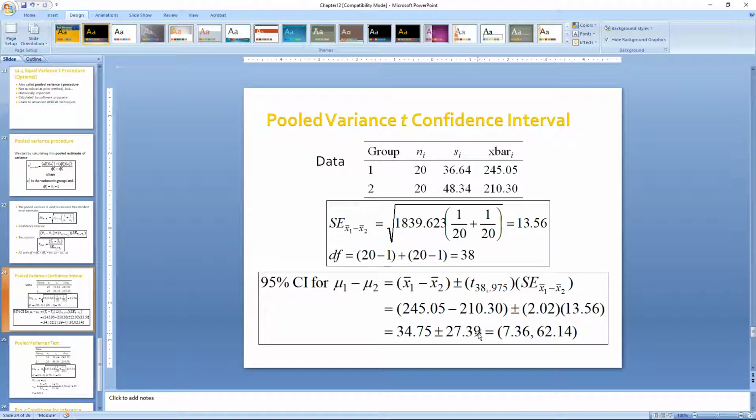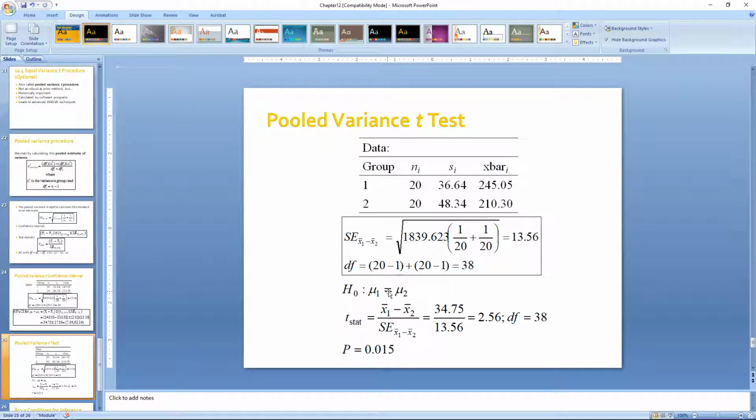When we put this in and multiply it out and add, subtract, we get 7.36 to 62.14. It's very similar to what we had before, but it's a little bit different because we're using slightly different procedures. But all the math here is very similar to what we've been doing.